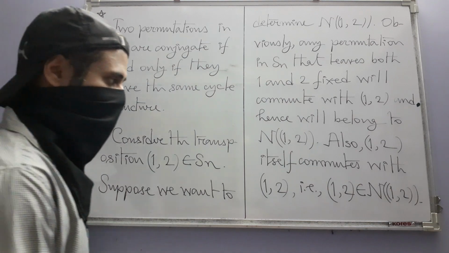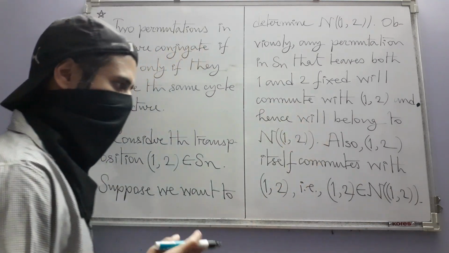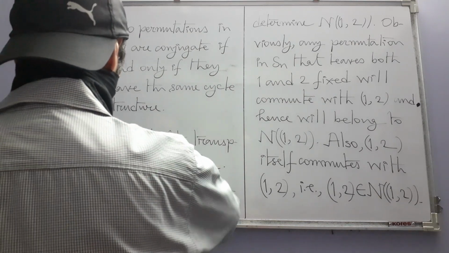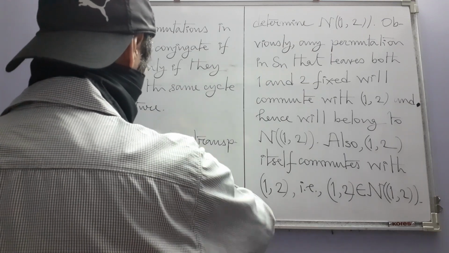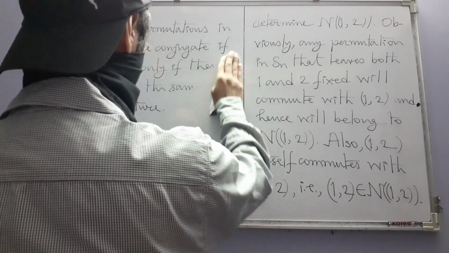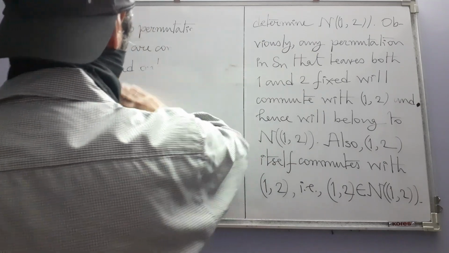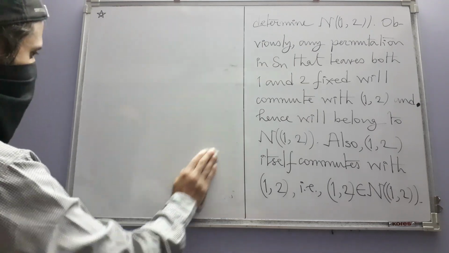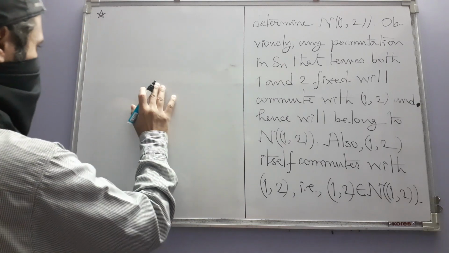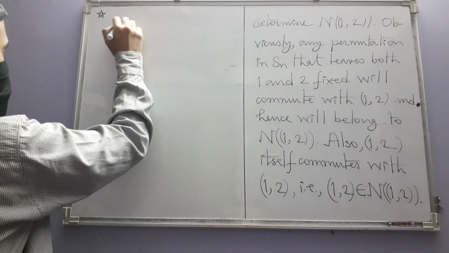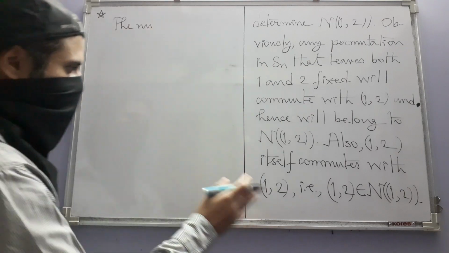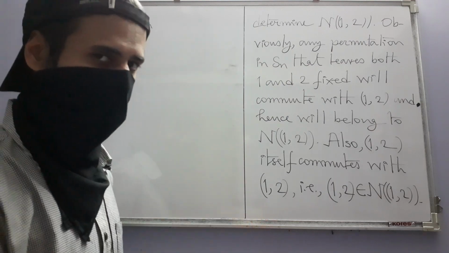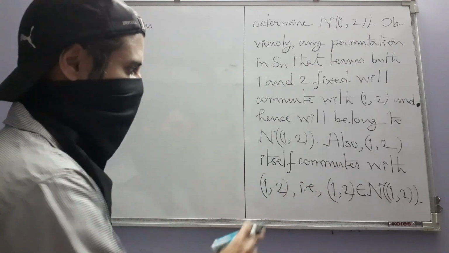Now let us count the number of such elements which leave 1 and 2 fixed. That is, let's see how many permutations we have in Sn that fix both 1 and 2. Any such permutation will be a permutation of the other symbols effectively. And how many other symbols are there besides 1 and 2? I should not say in Sn, but in the set of symbols on which Sn acts.